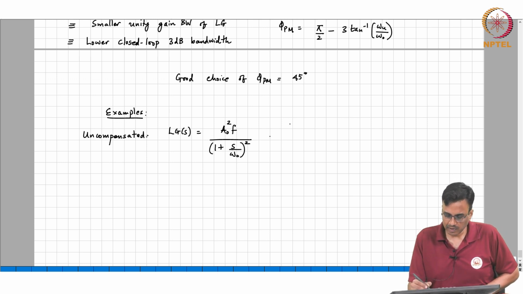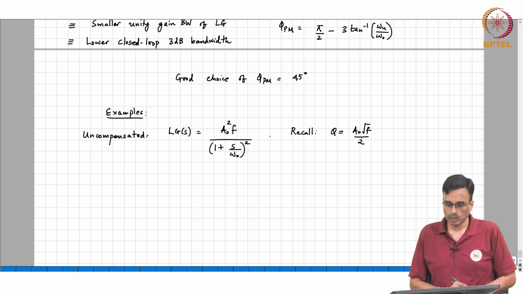And what was the closed loop Q? A naught root f by 2, okay.